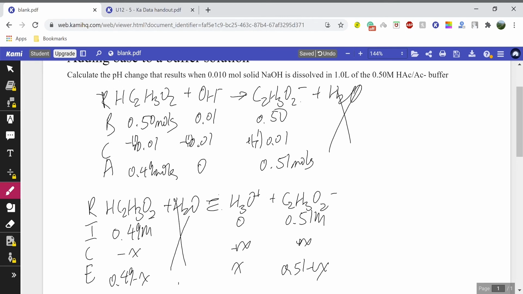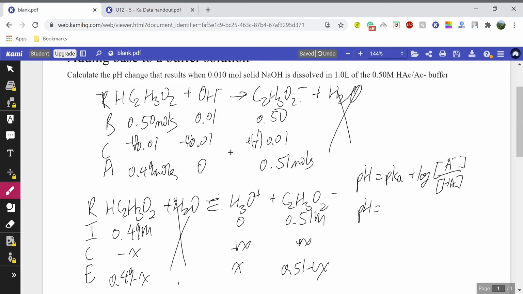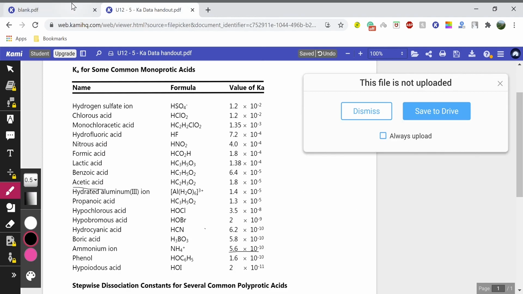Now we can find the pH by using our HH equation, which is pH equals pKa plus the log of the conjugate base divided by the acid. We're going to take the Ka of acetic acid, which is 1.8 times 10 to the negative fifth.